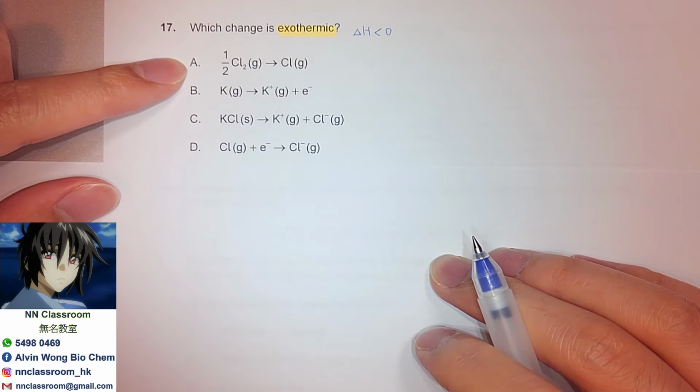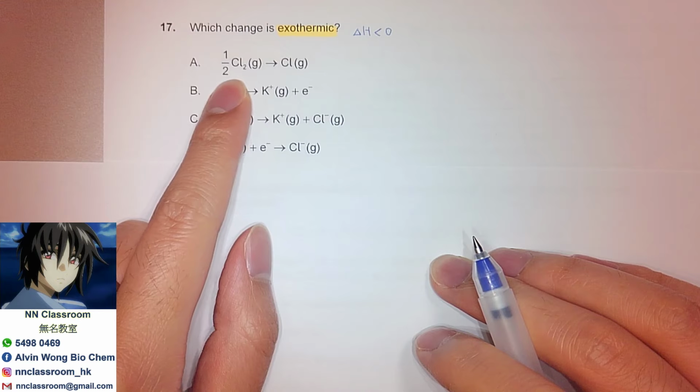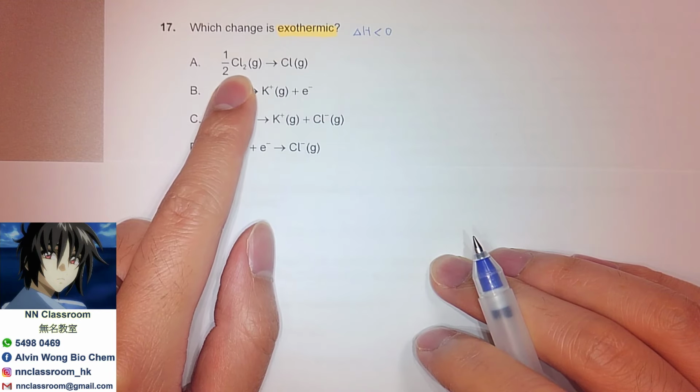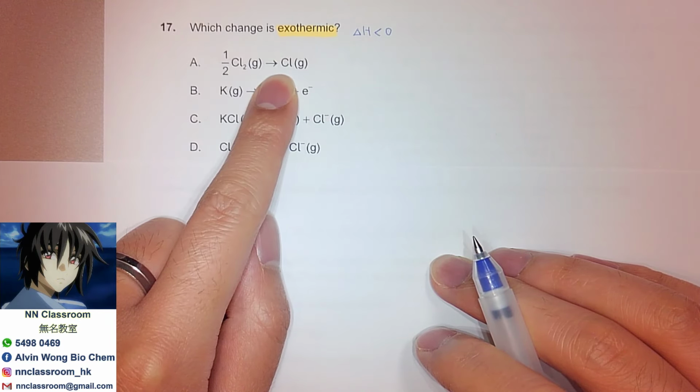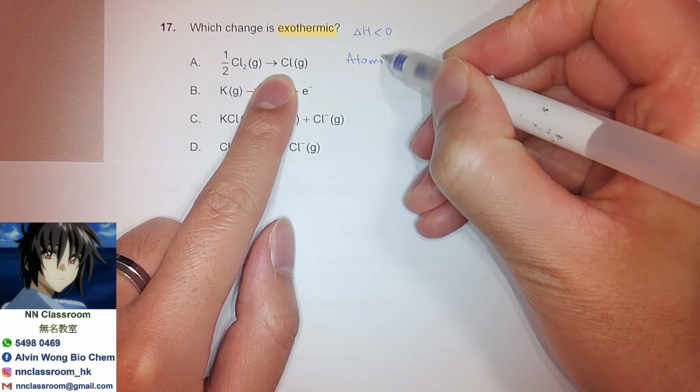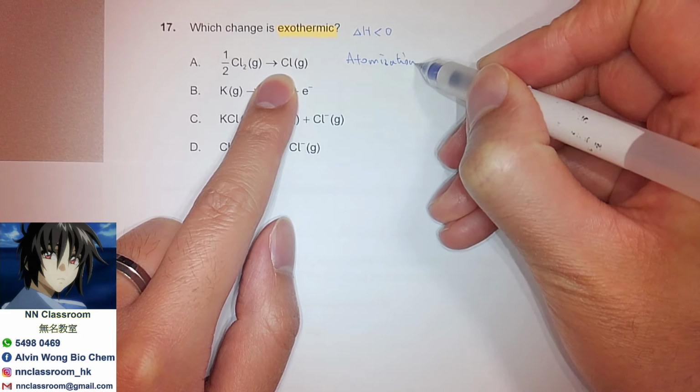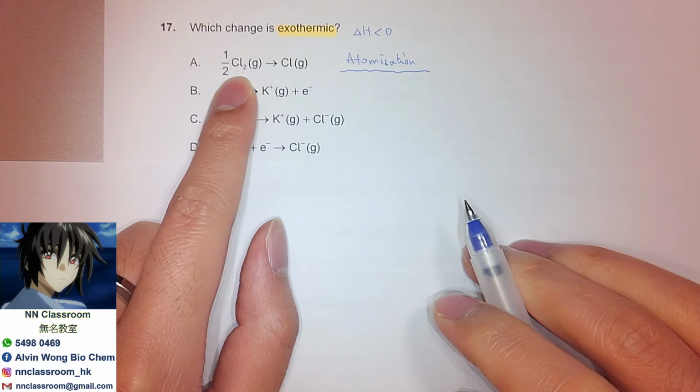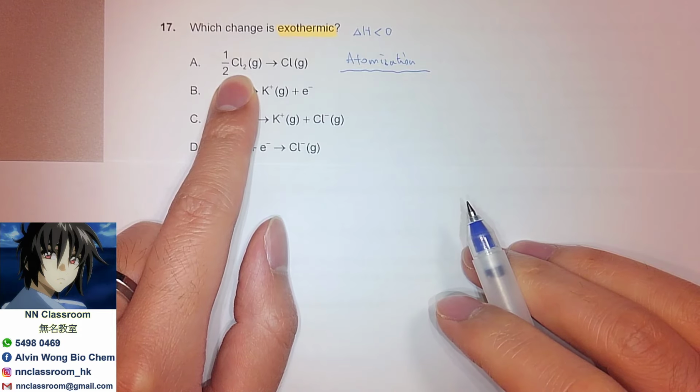So let's see. For A, as you can see, half a mole of the chlorine molecule now breaks down to 1 mole of chlorine atoms. Basically, this is what we call atomization. Or you can say the bond enthalpy that is now being overcome, right?